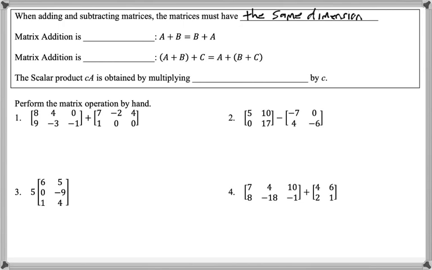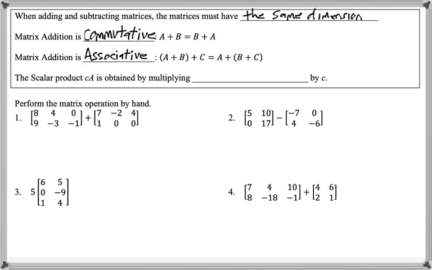Next, matrix addition is commutative. So A plus B is equal to B plus A. Matrix addition is also associative, so you can move the parentheses and it will be the same.